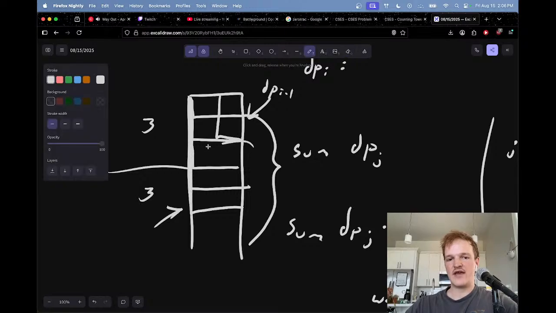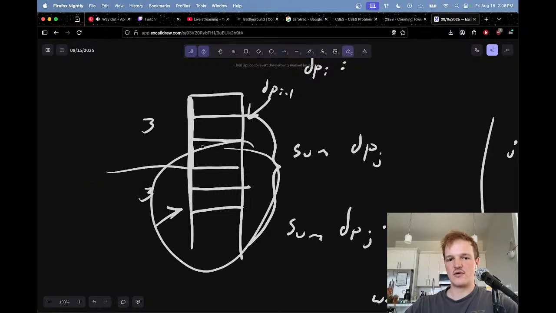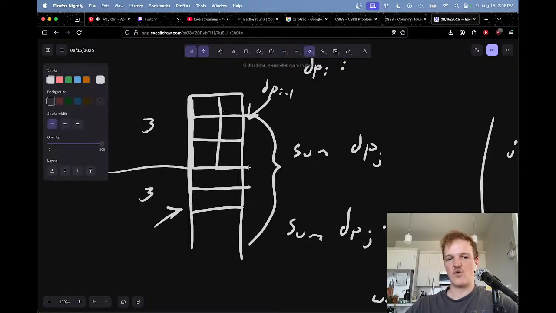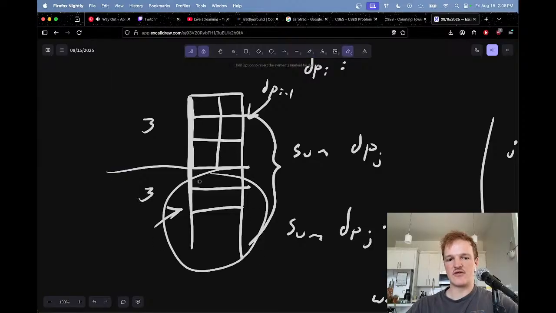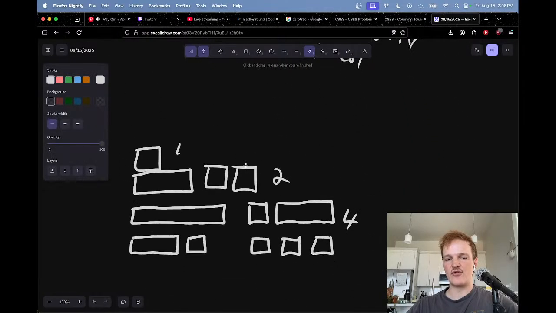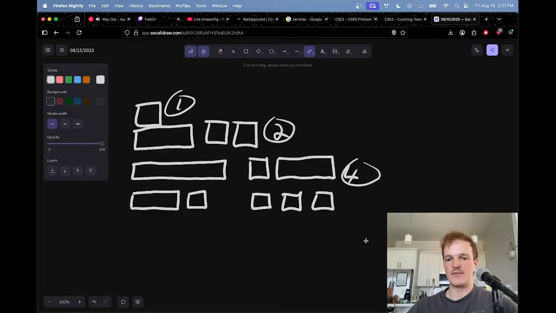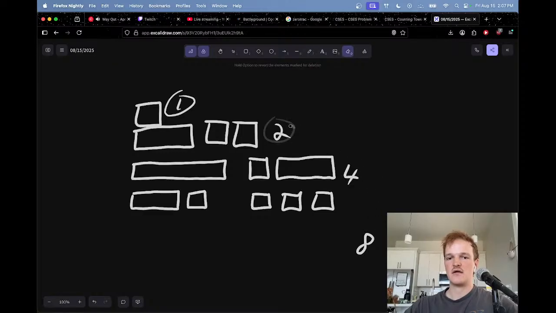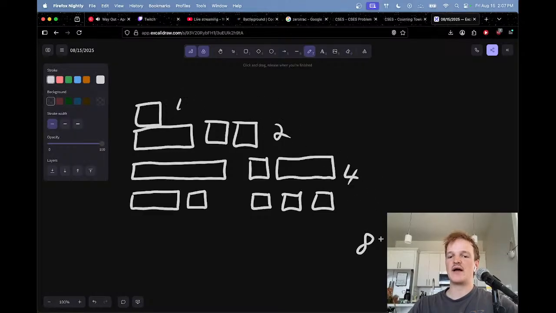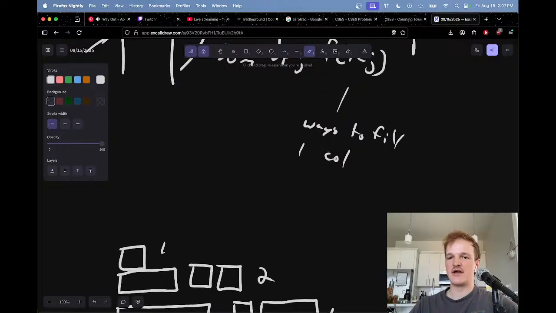There's 2 ways to get dp at i minus 2. There's 4 ways to get dp at i minus 3. I mean, does it just multiply by 2 each time? Maybe that's the pattern. I think it does. Because 1 plus 2 plus 4 is going to be 7 plus 1. So that means 4 is going to have 8. So actually that's it. You multiply your previous dp state by 2 each time.